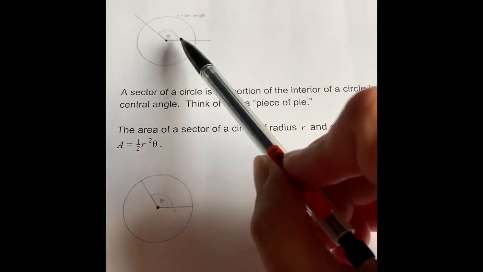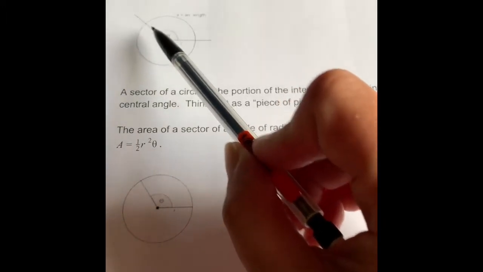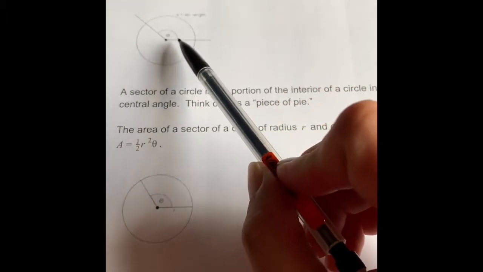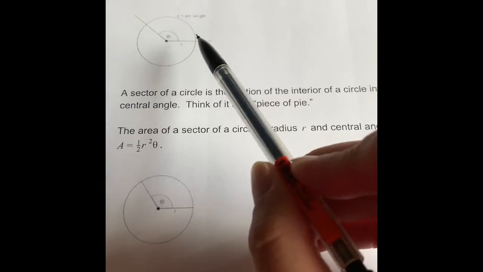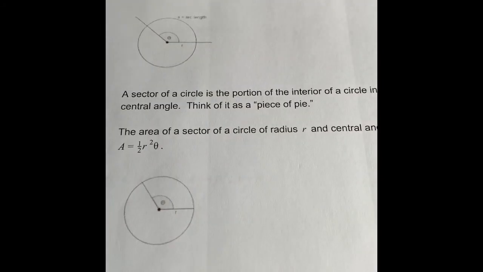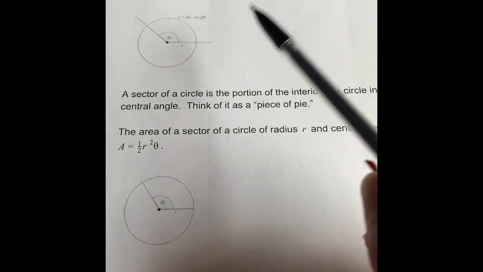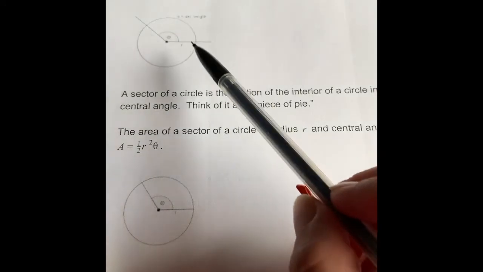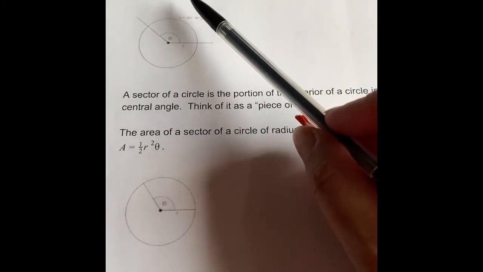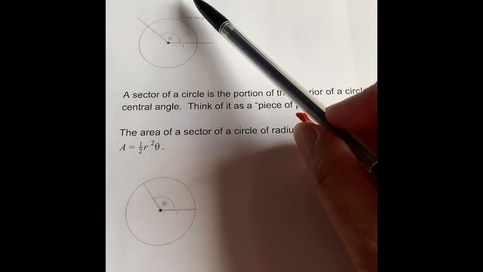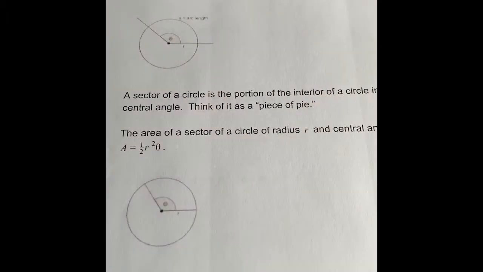If we were to draw two lines here going through the center and cut this almost like a slice of pizza or a slice of pie, it would cut that circle into many different sections. What we're going to do is find the arc length of one of those sections. In order to do that, we need to know the radius of the circle and the measure of the angle for that piece of the circle that we want to find the arc length for.